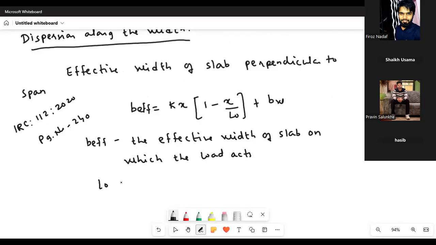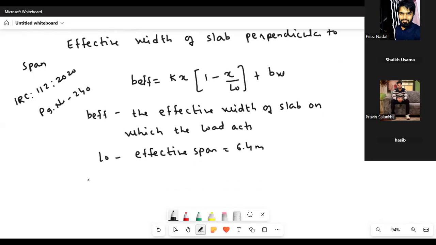L naught is the effective span. L naught here is the effective span. Already we know what is our effective span in this particular bridge. The effective span is 6.4 meter. We have seen how we calculated the effective span in the previous class. You can also refer to the recording. Okay. What is X? I will tell you.